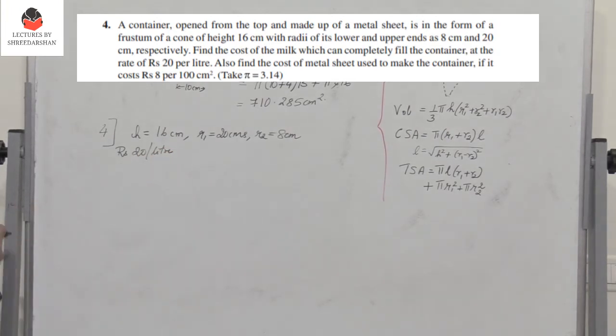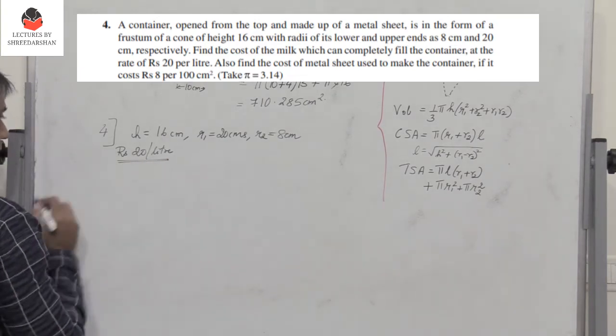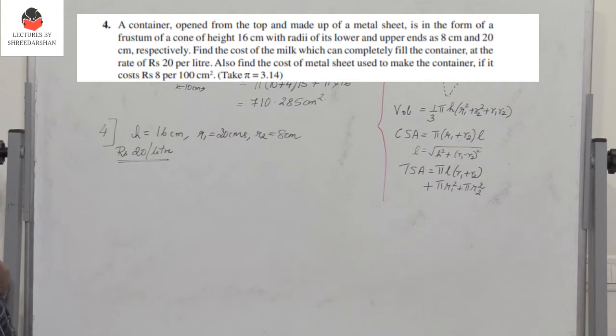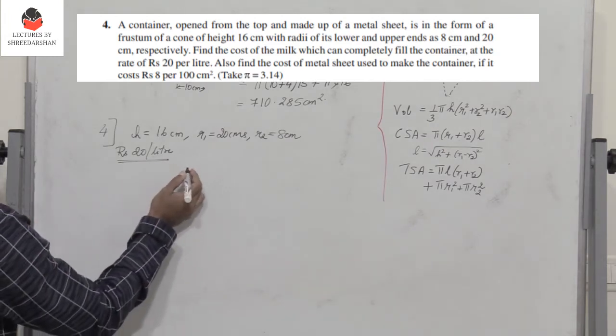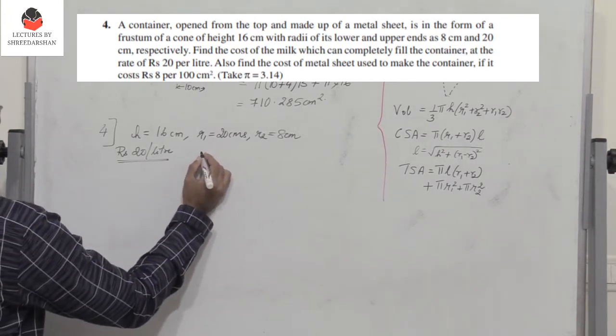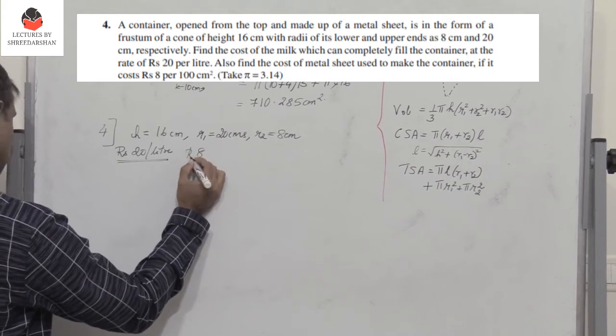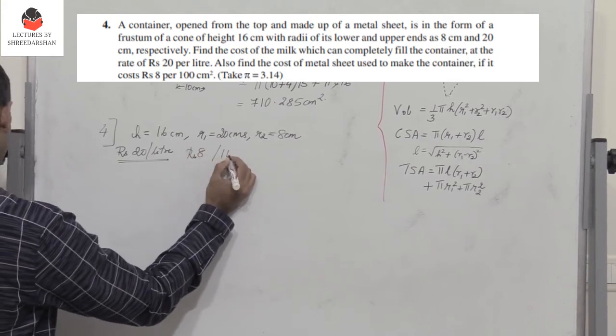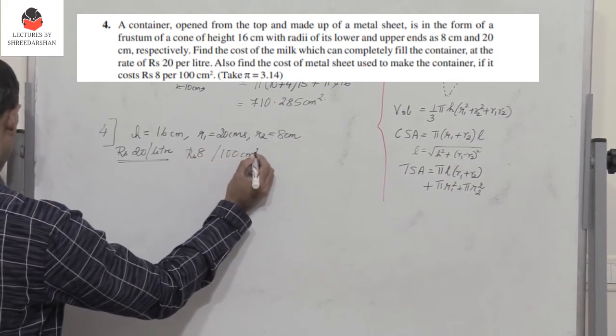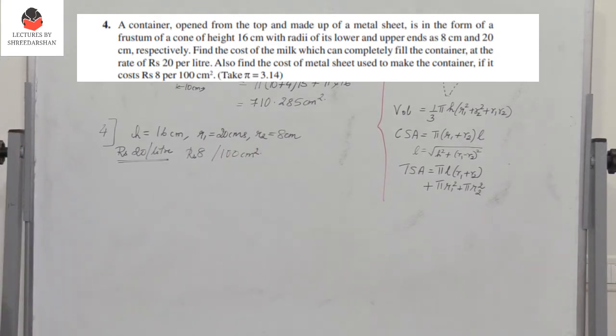Find the cost of milk which can completely fill the container at the rate of rupees 20 per liter. Also find the cost of the metal sheet used to make the container if the cost is 8 rupees per 100 centimeters square. Of course we need to take the value of pi as 3.14.